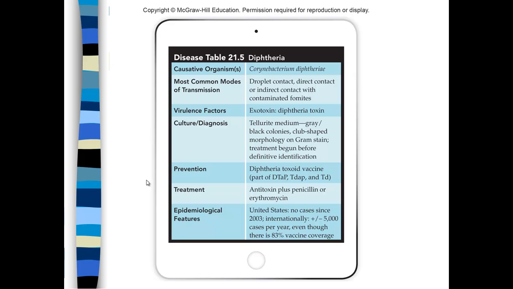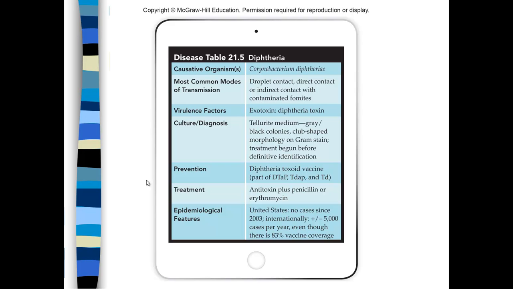There's a diphtheria toxin, and the colony is sort of gray-black. The morphology is club shaped, and the vaccine is part of the DTaP, the Tdap, or the Td vaccine.